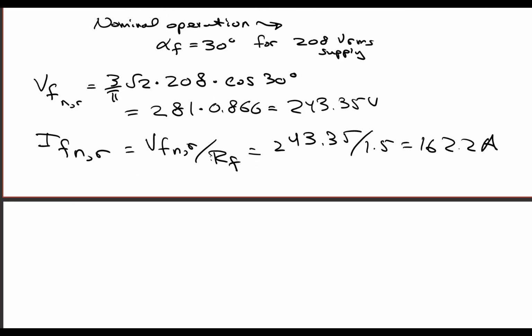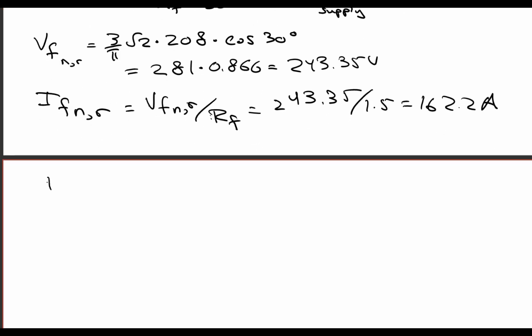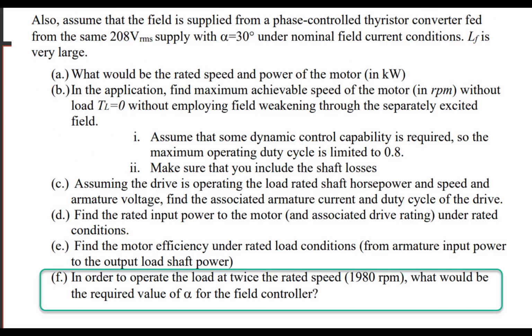Okay, so let's look at number 1F. What you're asked to do is operate at 2 times nominal rated speed.